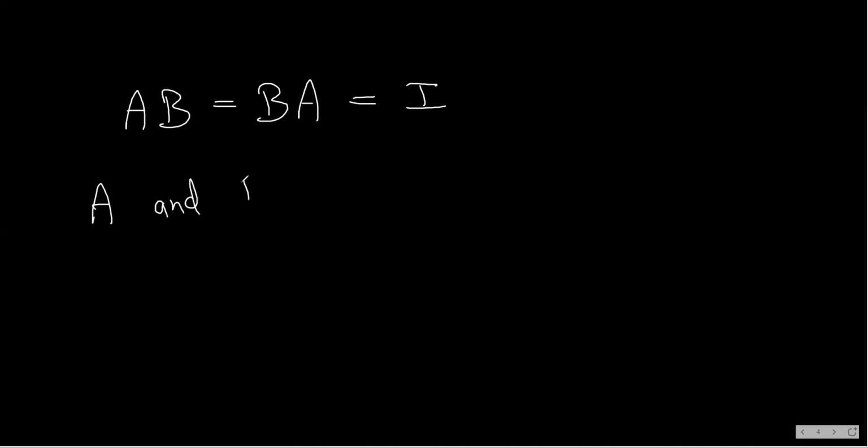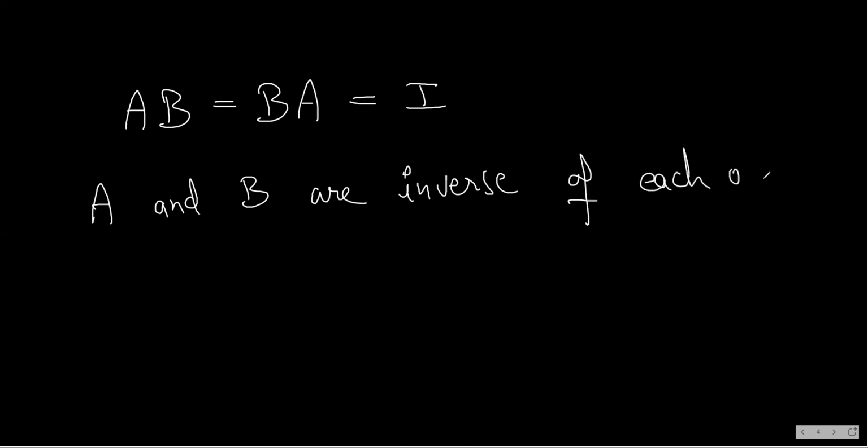See, in the earlier discussion on the last page, we had AB equals BA equals I. Then I said A and B are inverse of each other. That is all okay.